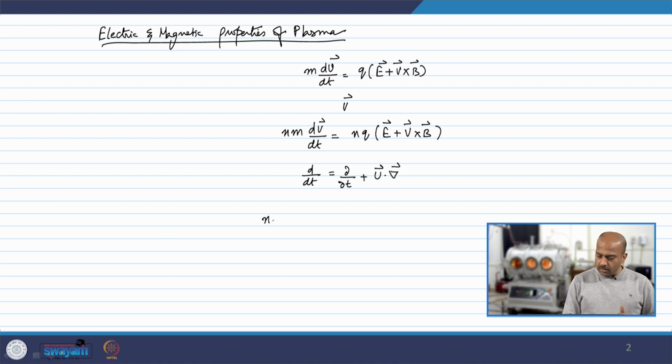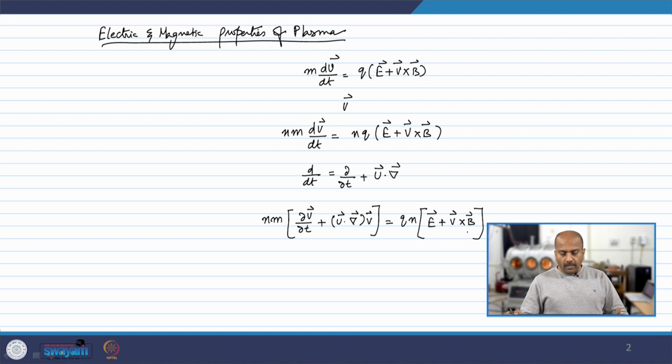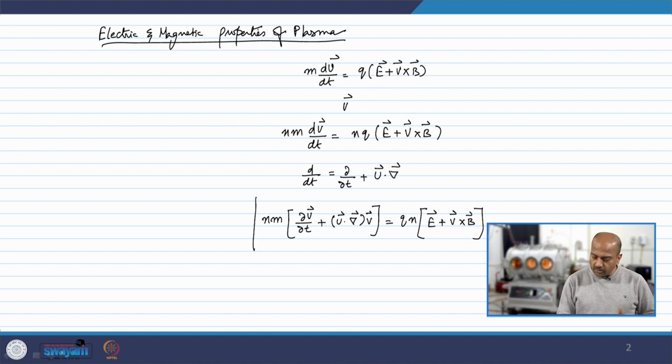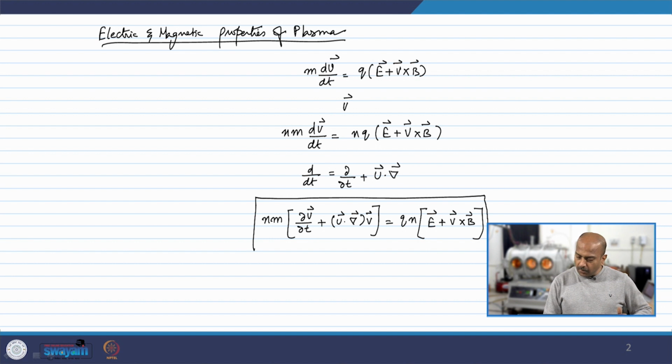So, we can write n m (dou v by dou t plus v dot del times v) is equal to q n times (E plus V cross B). So, this is the generalized equation of motion for plasma, which is considered as a fluid.